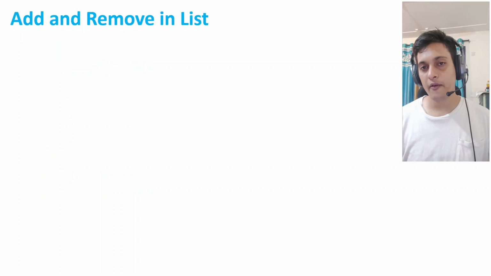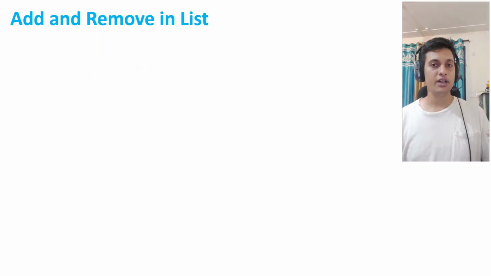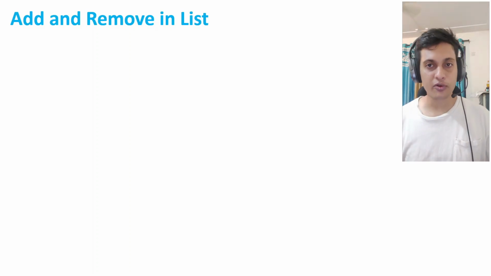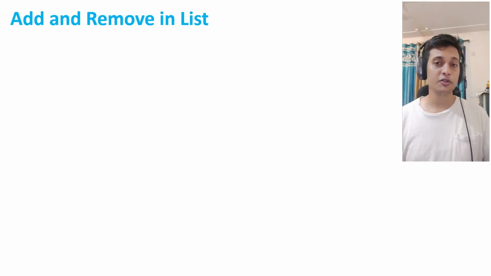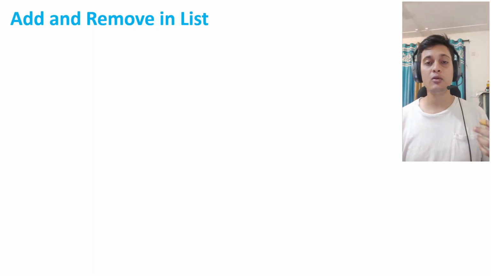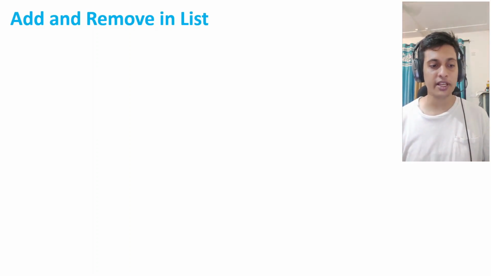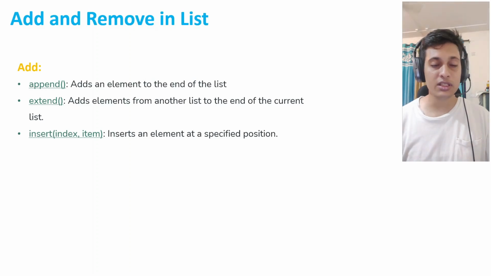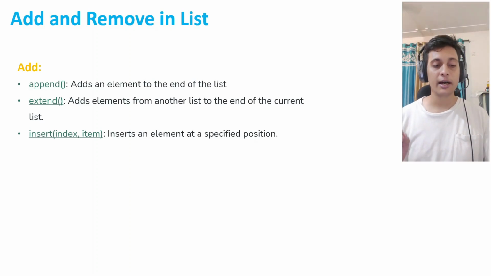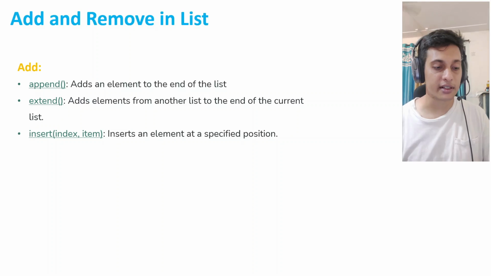We understood what a list is, but a list has to have some actions done on it. Python, as an inbuilt feature, provides a way to add or remove data from your list. First comes add. It provides three main operations: append, extend, and insert.